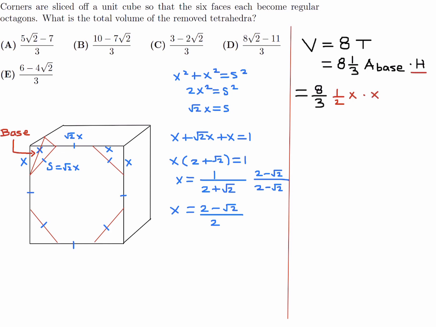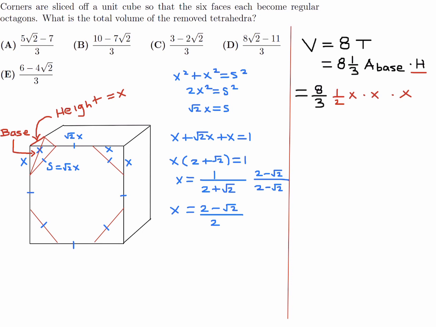And then what about the height? Well, the height is going to be from here to here. That distance right there, this guy, that is going to represent my height of this tetrahedron. And that, if you look carefully, is also equal to x, right? Because the exact same type of cut happens on the other side.